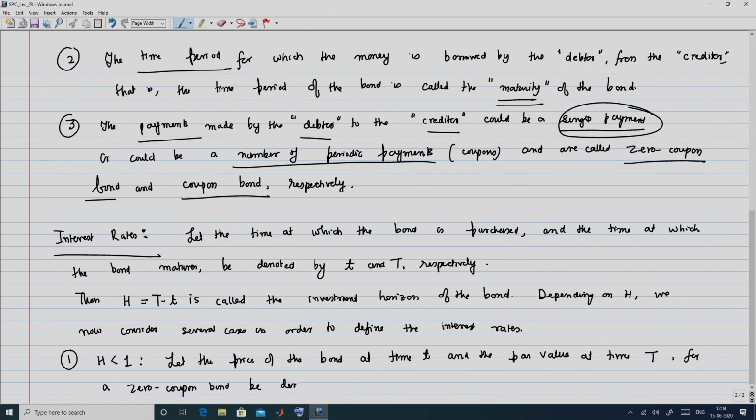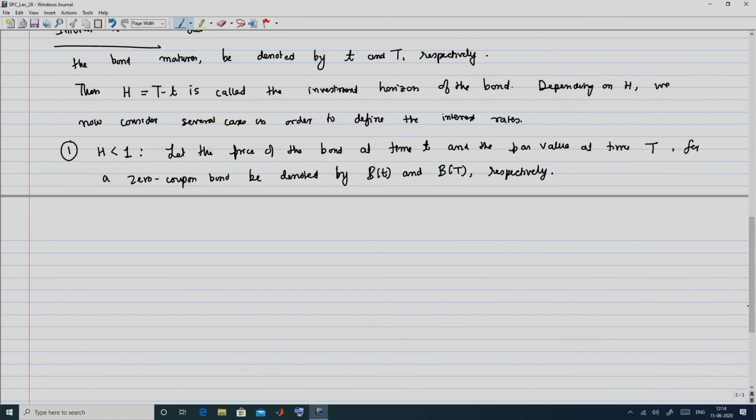be denoted by B(t) and B(T), respectively.